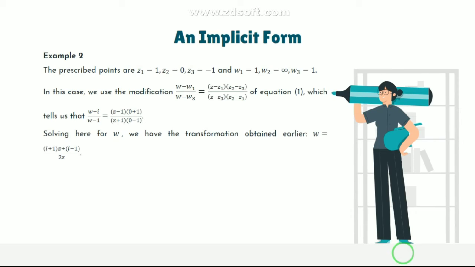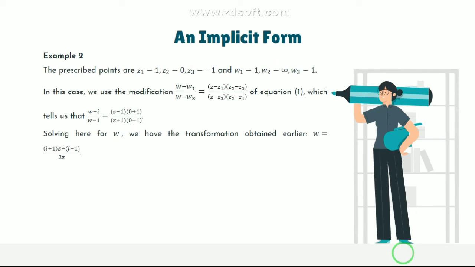In this case, we use the modification of equation 1: (w - w1) over (w - w3) equal to (z - z1)(z2 - z3) over (z - z3)(z2 - z1), which tells us that (w - i) over (w - 1) equal to (z - 1)(0 + 1) over (z + 1)(0 - 1).